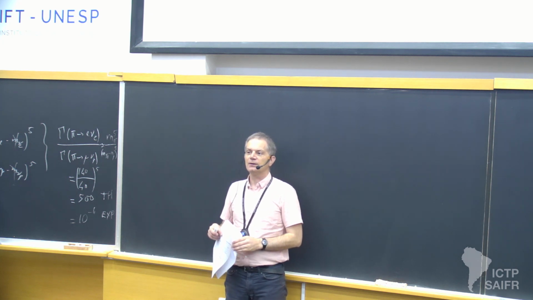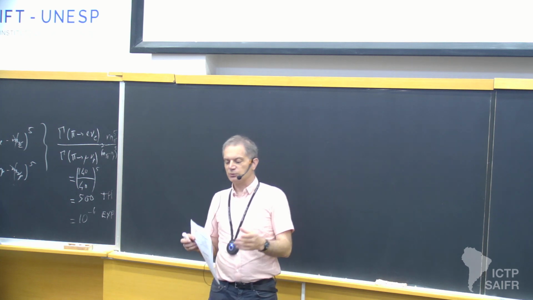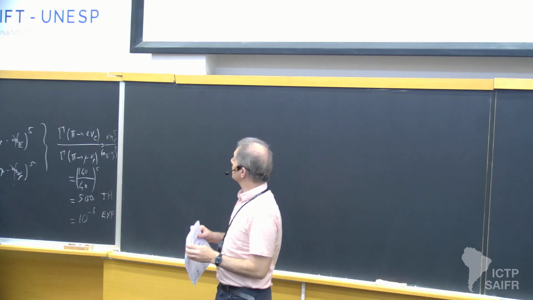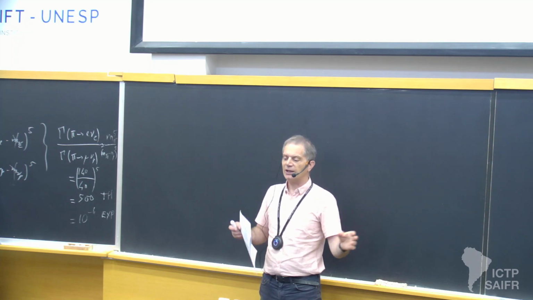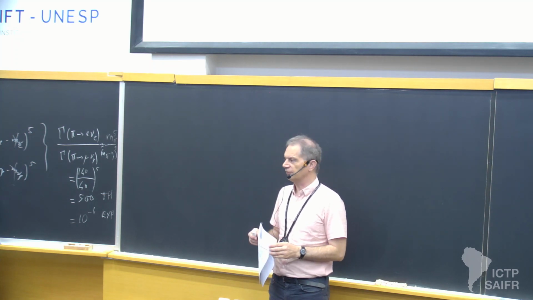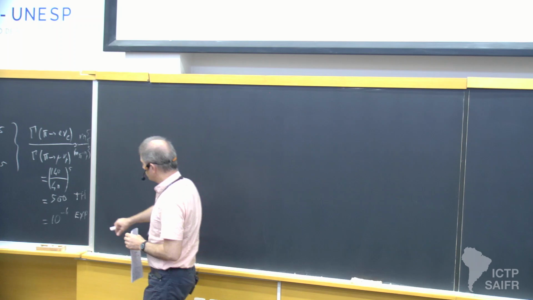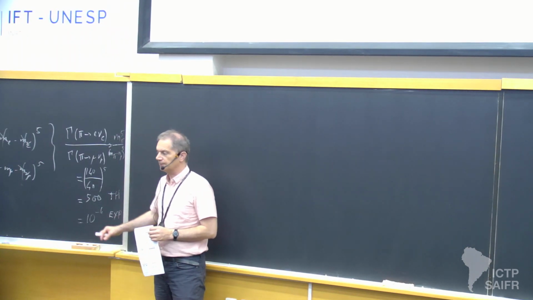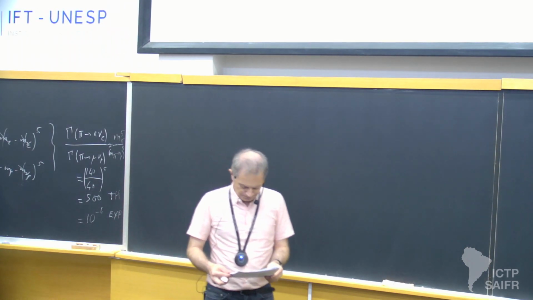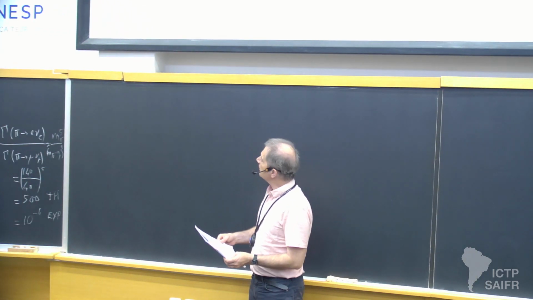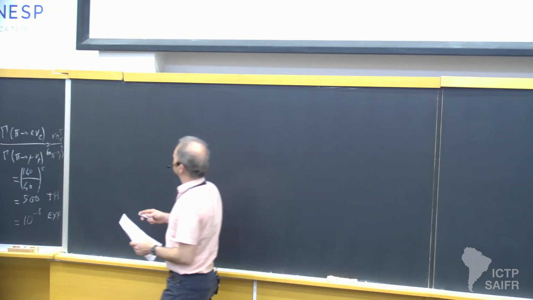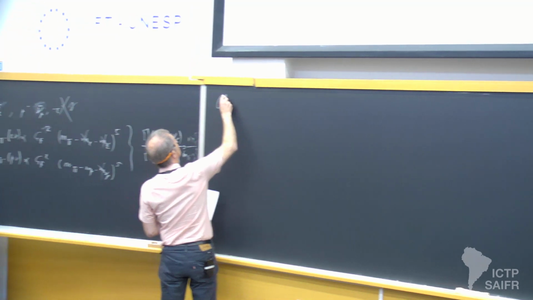So this is what we say: the weak interactions are chiral. They distinguish the left and the right chiralities of the fermions. And that's exactly what is explaining these things. But it's worth coming back to this notion of chirality, because chirality is something very important.